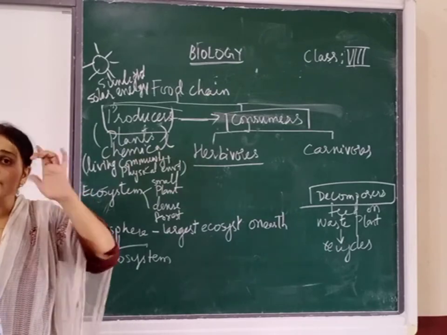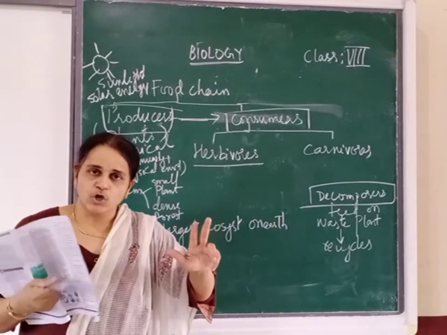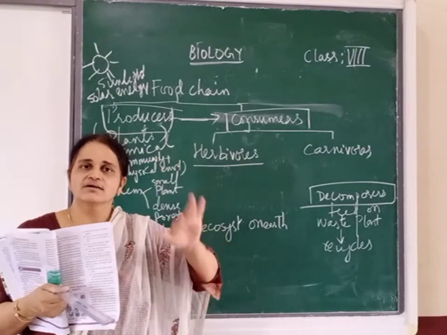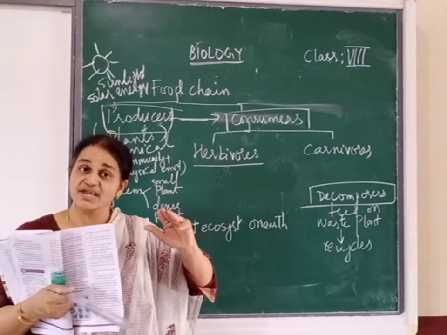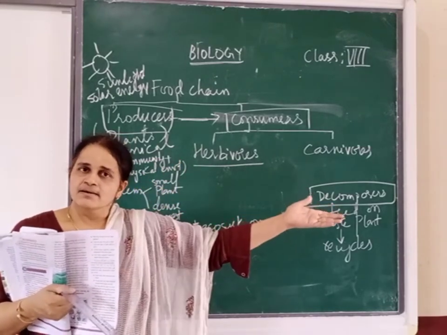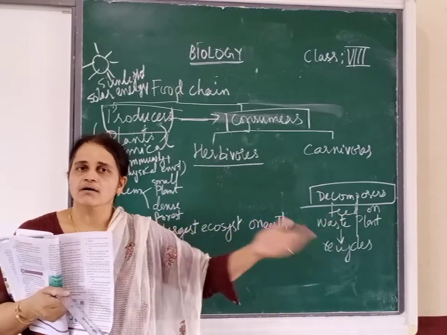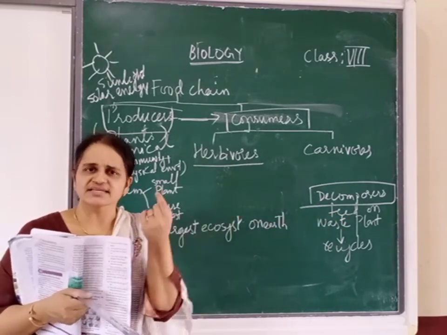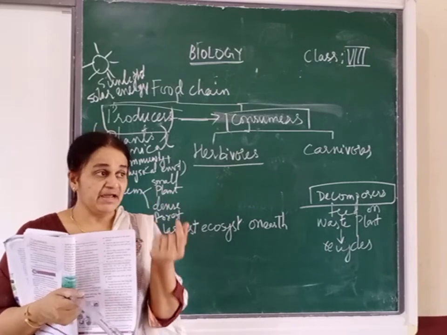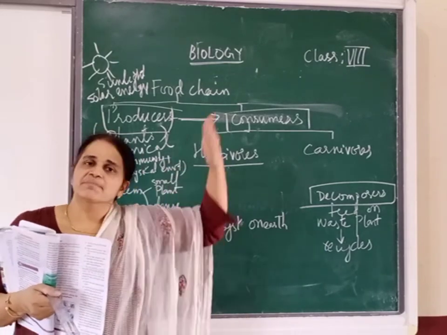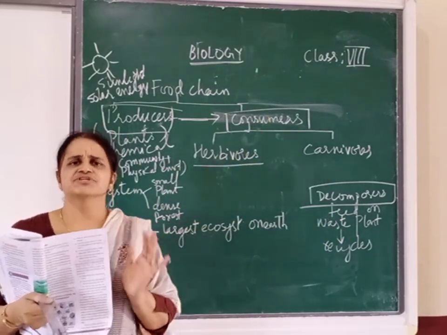Like yesterday I told, plant, grasshopper, frog, then snake, further by eagle, hawk. So this is one example of a food chain. Plant, rabbit, tiger, another food chain.